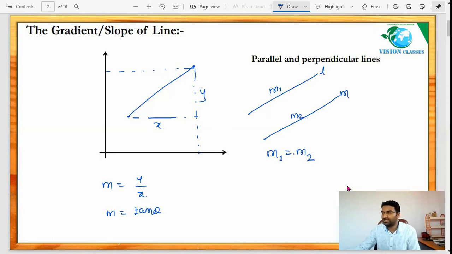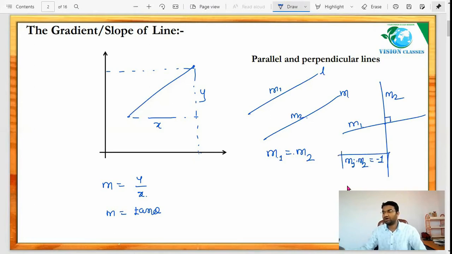And for perpendicular lines, let's say two lines intersect at exactly 90 degrees, with gradients M1 and M2. In this case, M1 times M2 is equal to -1. Okay, so this is the gradient of a slope.